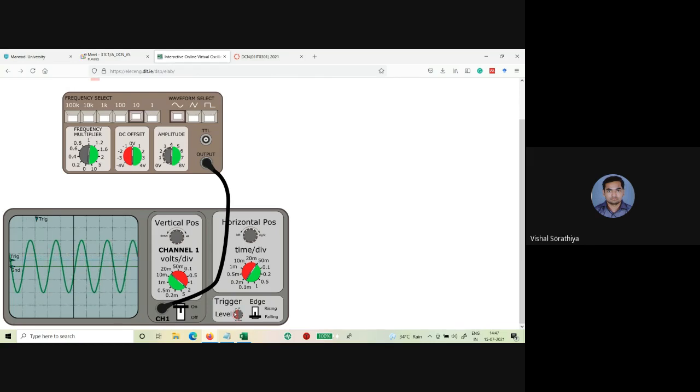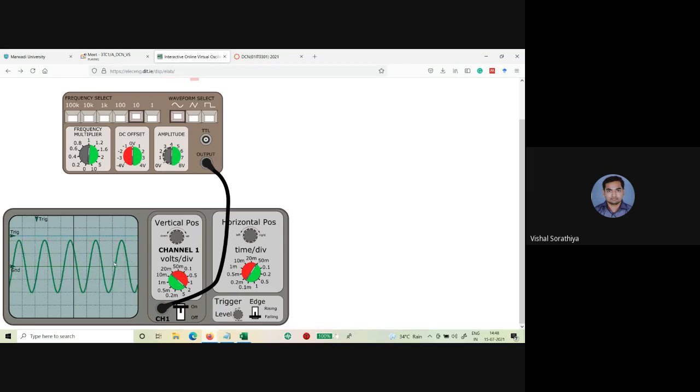Or you can say your signal is going to be detected at which particular level, with reference to the 0 level. You can see this blue line going up and down, and according to that, your signal is going to be detected. Now, if your triggering level is higher than this amplitude, then your signal is fluctuating and is not sustained on the screen. It's not a steady view. It is a continuously varying view.